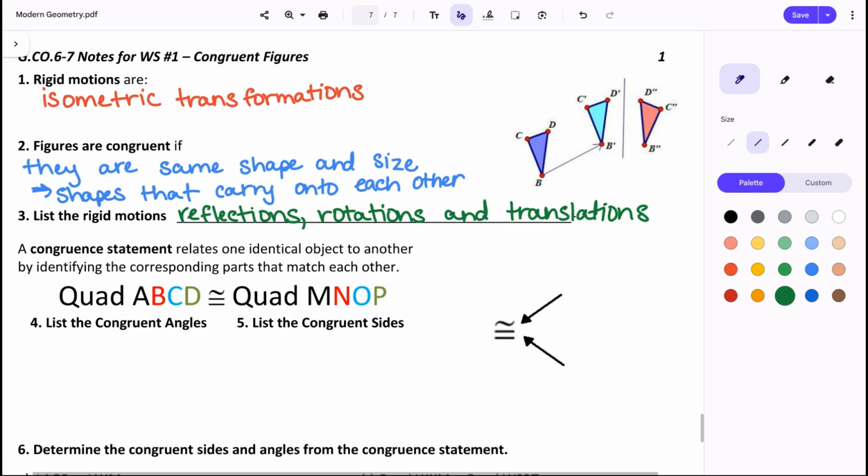Like there's a translation happening from BCD to B prime, C prime, D prime. And then it looks like they also did a reflection. And that's how we got to that B double prime, C double prime, D double prime shape. But we've already been working with this a little bit. You've been combining those transformations together. And we practiced a little bit more with that yesterday of just being able to identify them. And we're going to do more of that later today as well.